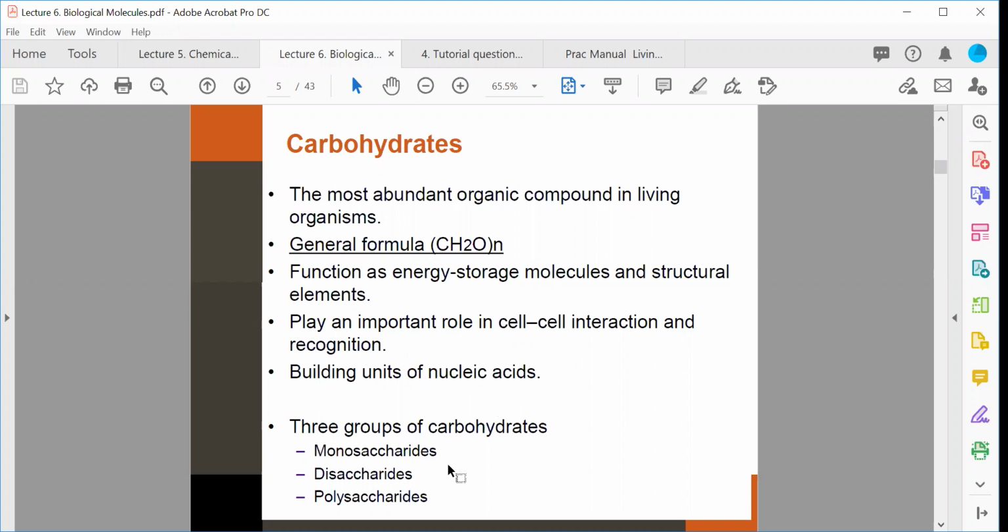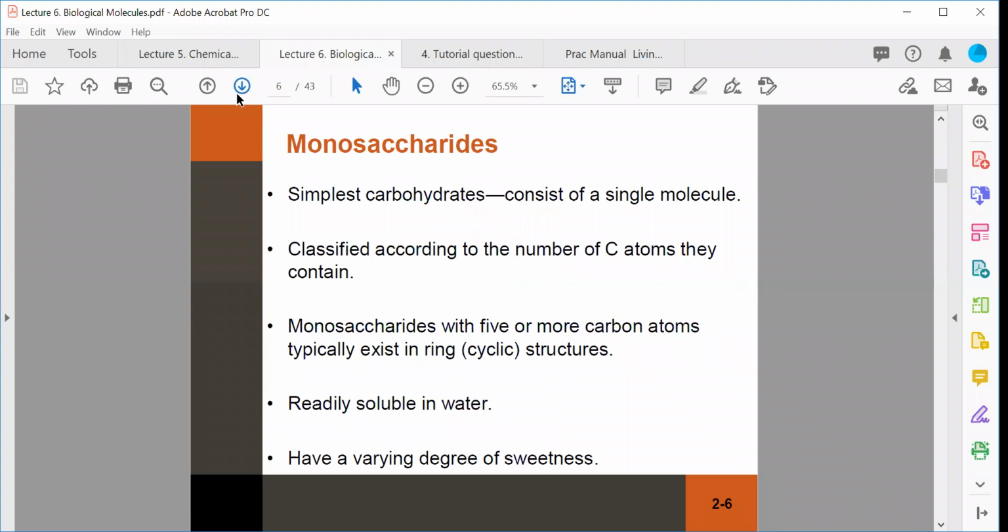All right, so 3 very broad groups of carbohydrates, the monosaccharides, the disaccharides, and the polysaccharides. So let's look at the monos. Here we have monosaccharides. These are the simplest of the carbohydrates. They consist of a single molecule, that is a single unit, a single monomer, you can say.